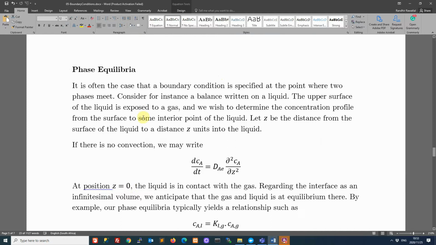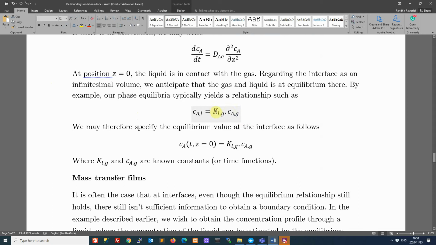So we established that we could connect the concentrations in different phases. Number one, using the equilibrium relationship. So, for example, if you are just on one side of an interface, you could relate the concentration on that side in that phase to the concentration in the other phase across the equilibrium constant. So you could use the equilibrium constant, use the concentration in the other phase, and then you would estimate the concentration on the other phase.